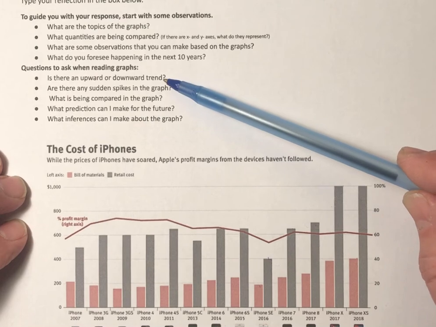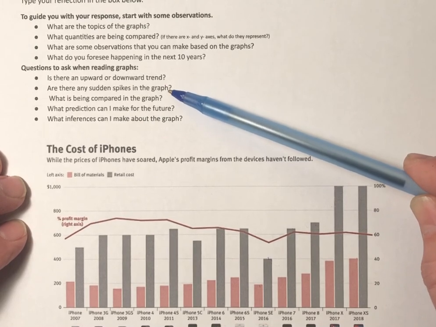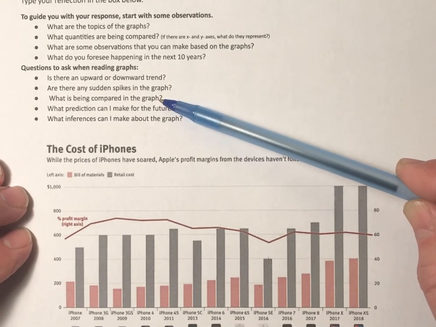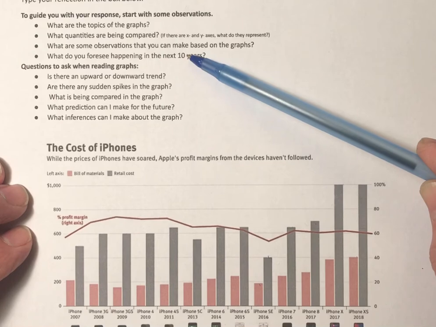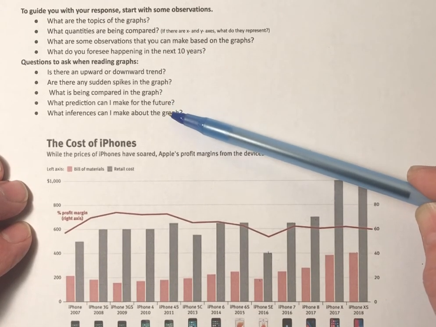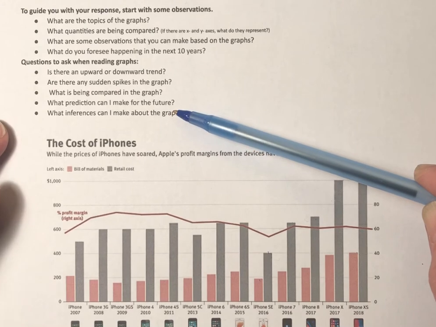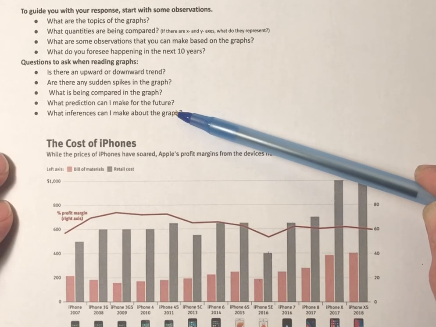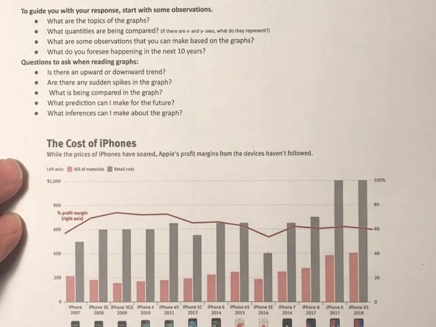And not only is it going upward or downward, but are there any sudden spikes in the graph? Are there any sudden changes? What are we comparing? And as I mentioned here, can you make any predictions? What are some tendencies that you might notice by looking at the graph?